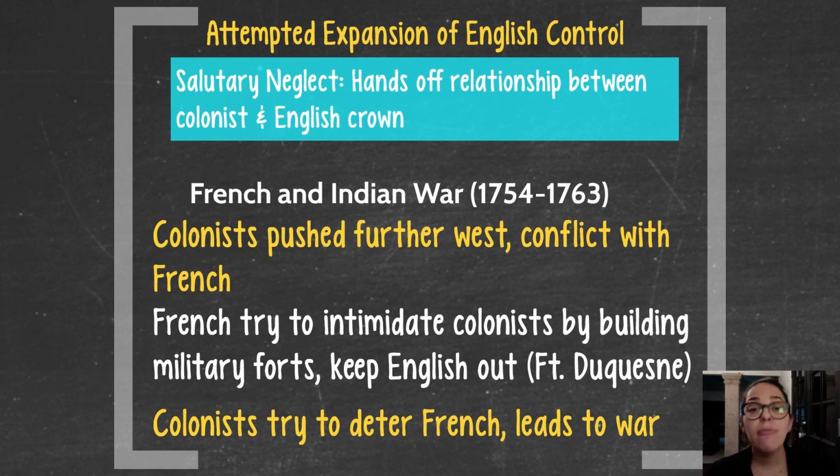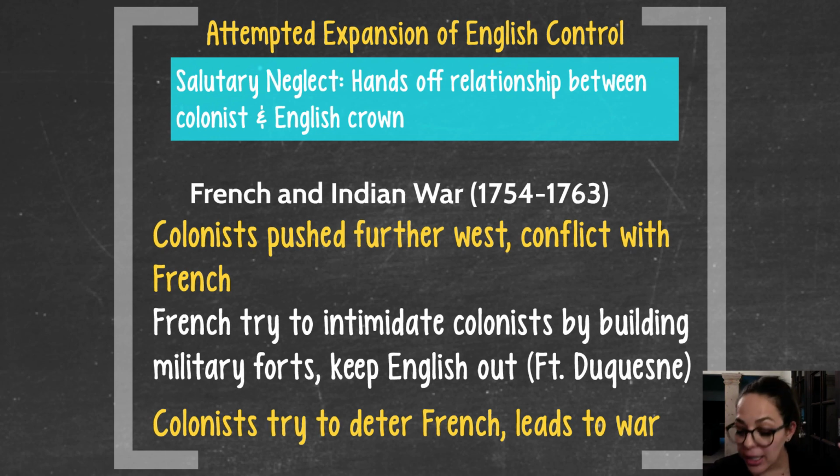Anyways, there's conflict over land between the English colonists and the French. They're unable to resolve it. So what happens here? Well, it leads to war. And now the English have to send in troops in order to defend the land that the English are claiming, but also to protect its English colonists.